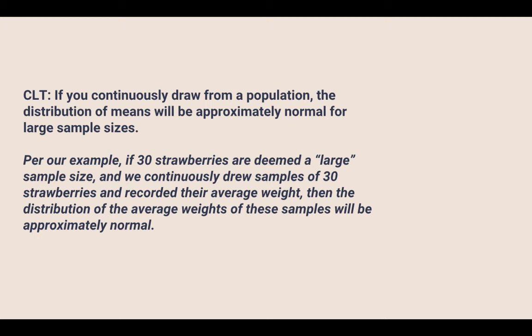The central limit theorem says that if you continuously draw from a population, then the distribution of means will be approximately normal for large sample sizes. Per our example, if 30 strawberries are deemed a large sample size, and we continuously drew samples of 30 strawberries and recorded their average weight, then the distribution of the average weights of these samples will be approximately normal.